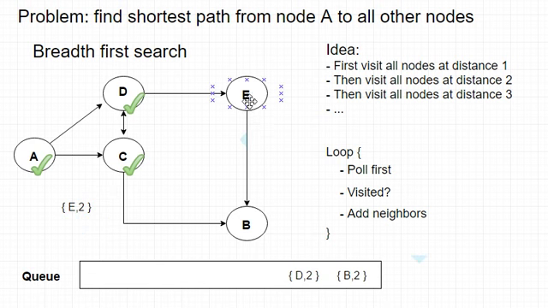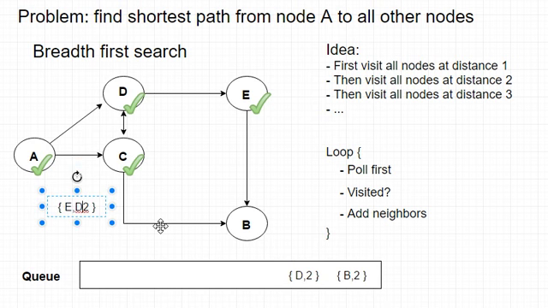And have we visited E before? We haven't, so we are visiting E now. We are learning that the shortest path from node A to node E is 2 steps. We could write this down now. And also, if we wanted to learn the actual path ADE, we could do that by also saving inside these objects the information of the node from which we arrived.